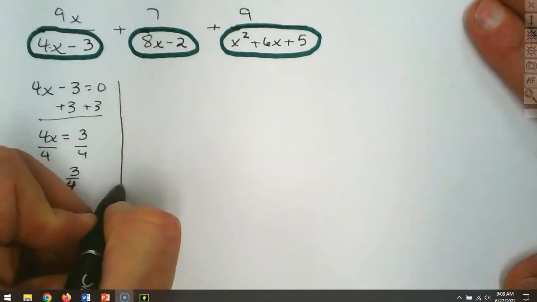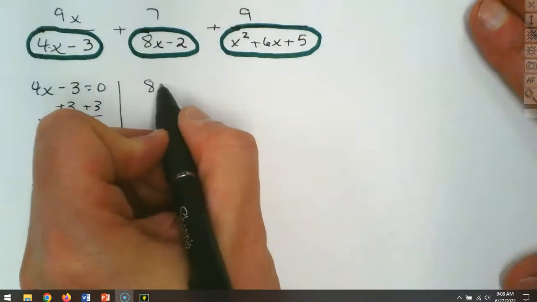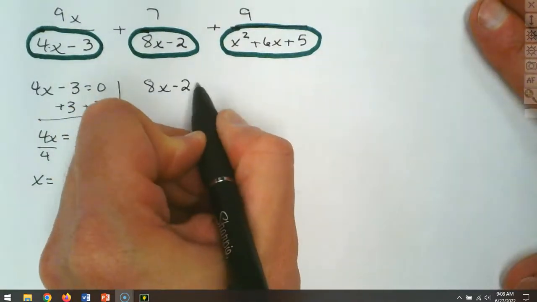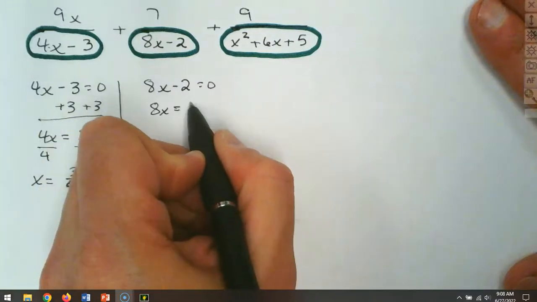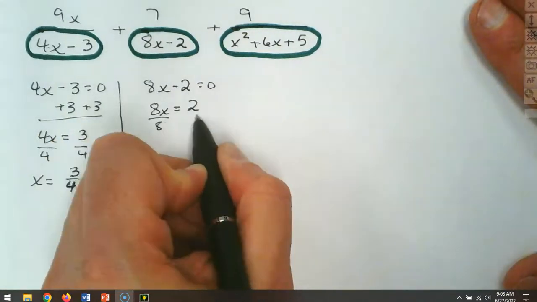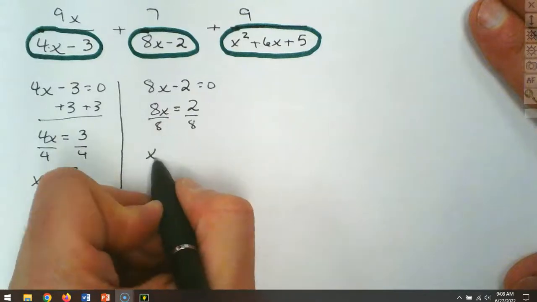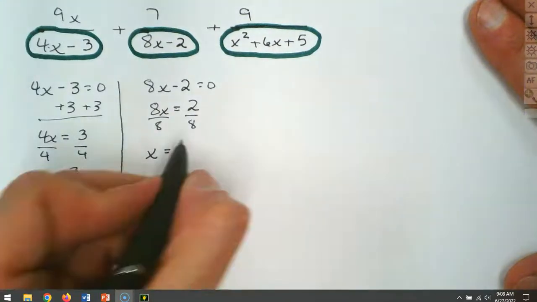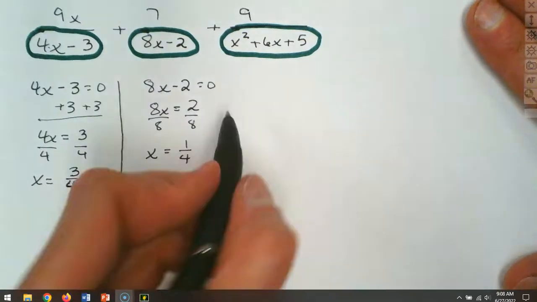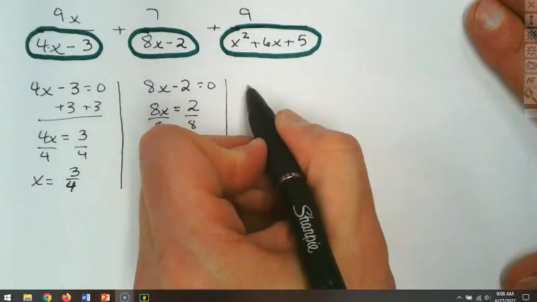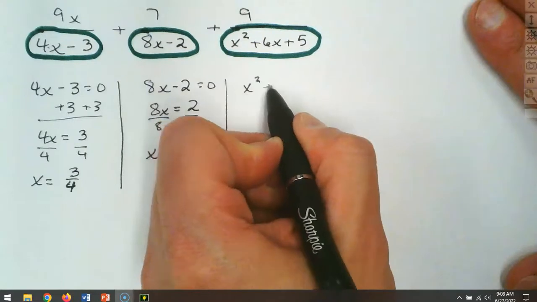We need to find it so we can take it out. What about the next one? 8x minus 2 equals 0. So 8x equals 2. Divide by the 8, and we're going to reduce that down. And that reduces down to 1/4. And then our last one, we're going to have to factor.